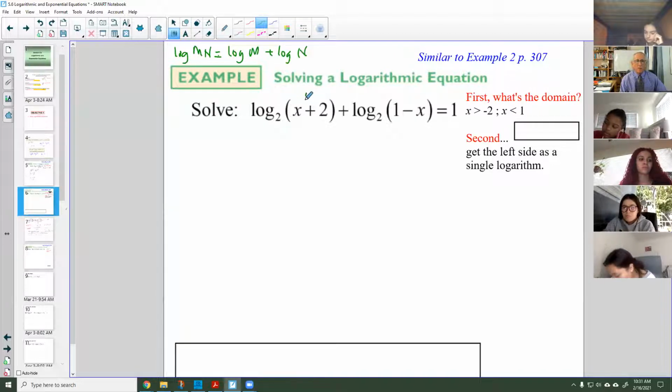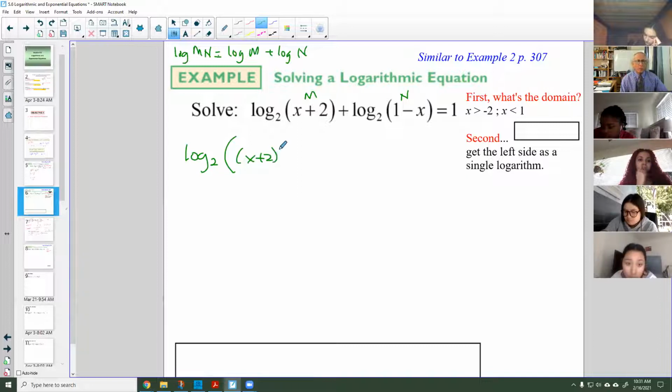So it looks like this is my m and that's my n. So I have log base 2 of x plus 2 times 1 minus x is equal to 1.